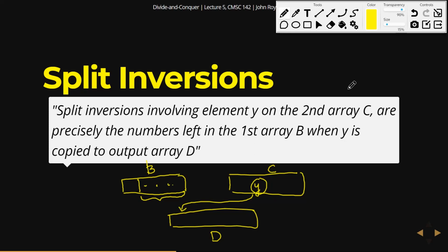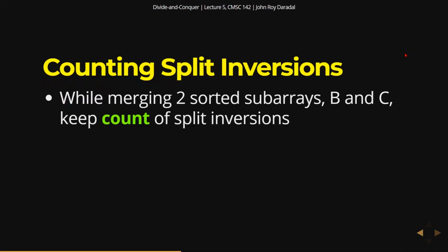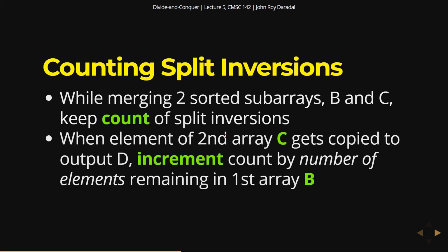They appear before y but haven't been copied yet, so they're all split inversions. That is how we uncover our split inversions. While merging the two sorted subarrays B and C, keep count of the split inversions. When an element of the second array C gets copied to output D, meaning the right array, increment the count by the number of elements remaining in the first array B, the left array. This is what we mentioned earlier.